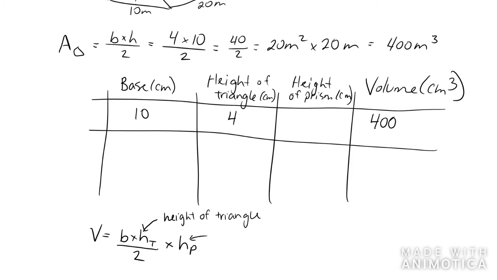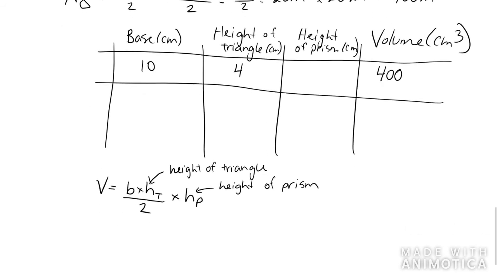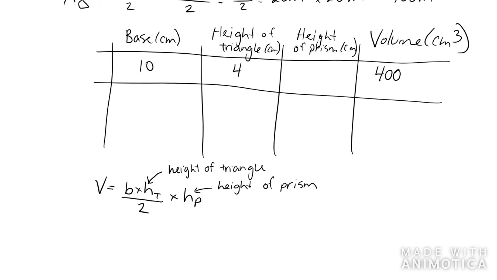This we are doing height of prism. So there are a couple ways you can do this. First, you can rearrange, because that's what we did, remember, near the beginning of the semester. Or you can do it stepwise.